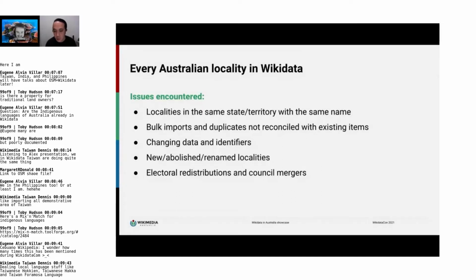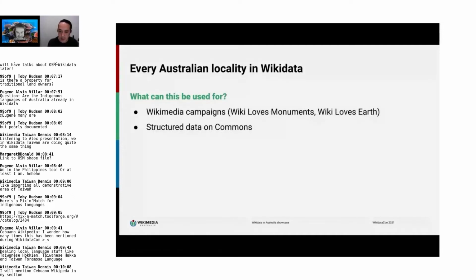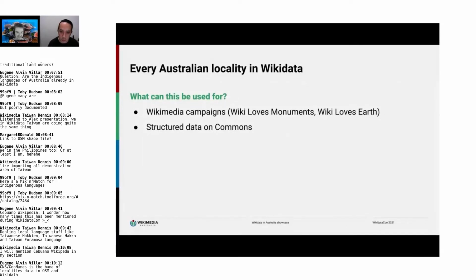What can the data be used for? In the Wikimedia environment, it can be used for photo campaigns like Wiki Loves Monuments and Wiki Loves Earth, and also it's very useful for structured data on Commons.